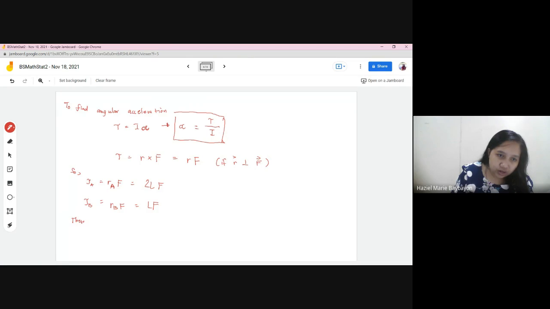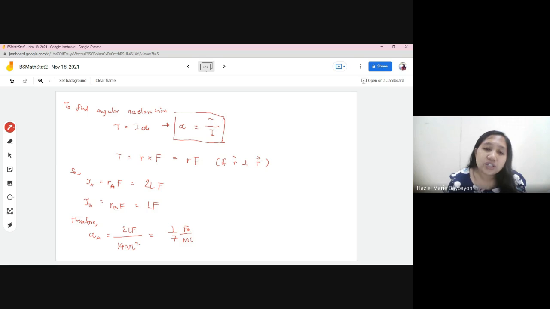So therefore, alpha for system A is equal to the torque 2LF divided by the moment of inertia for system A, which is 14ML squared. We can simplify this: 1 over 7 F over ML, or you can just write this as F over 7ML.